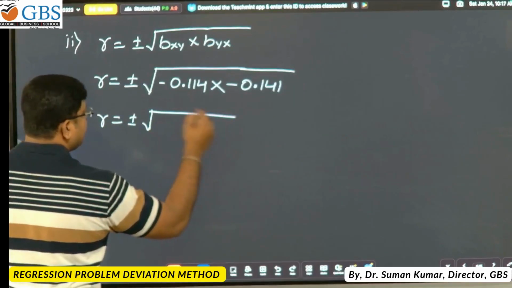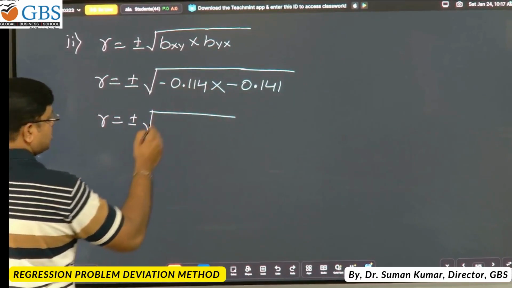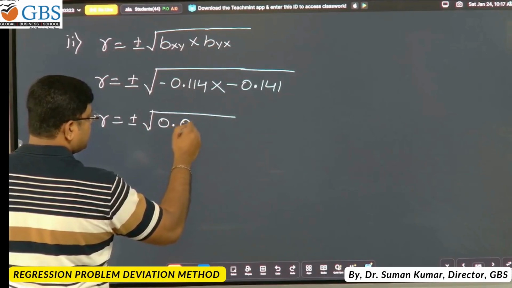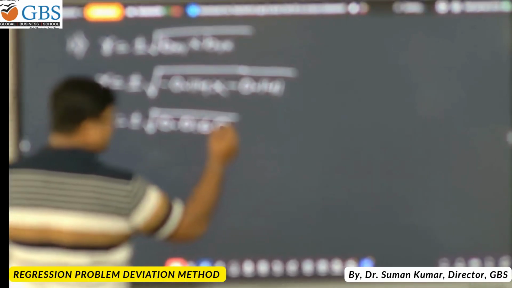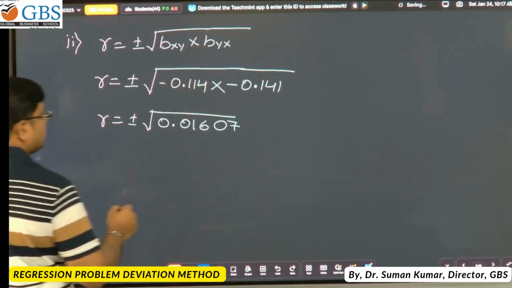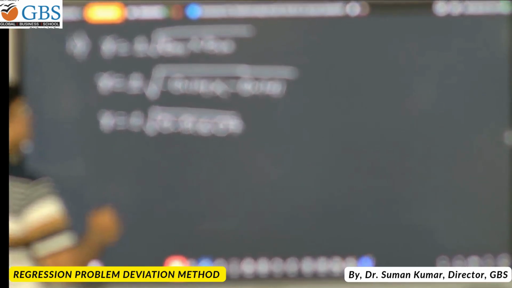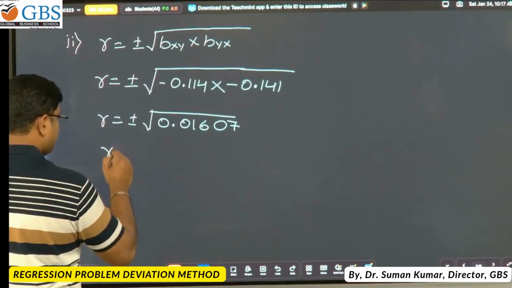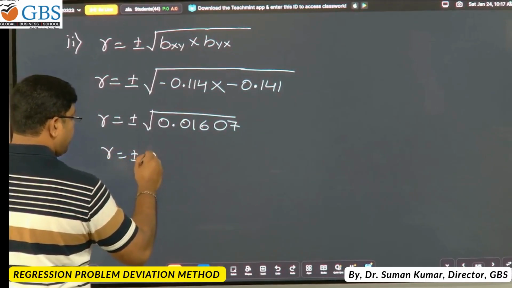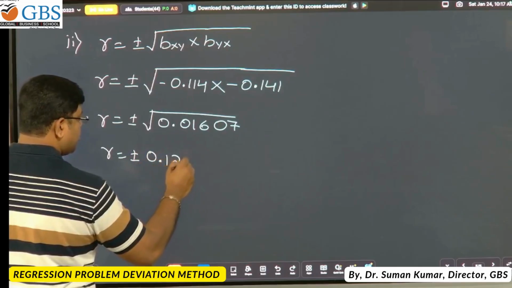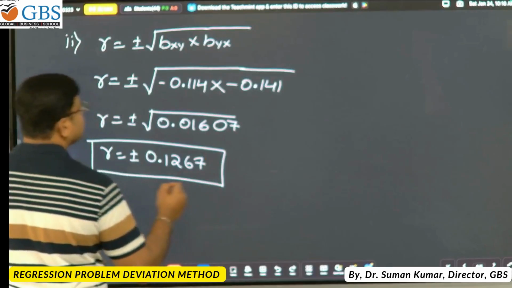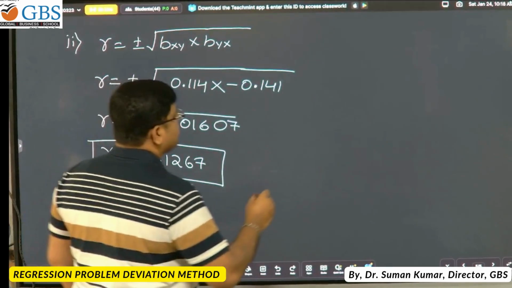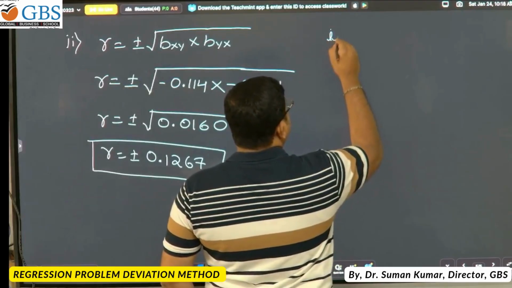Square root of, multiply these two numbers, 0.016074. So square root of 0.01607, 0.1267. This is r. This is the second question. Third question. What is the third question?